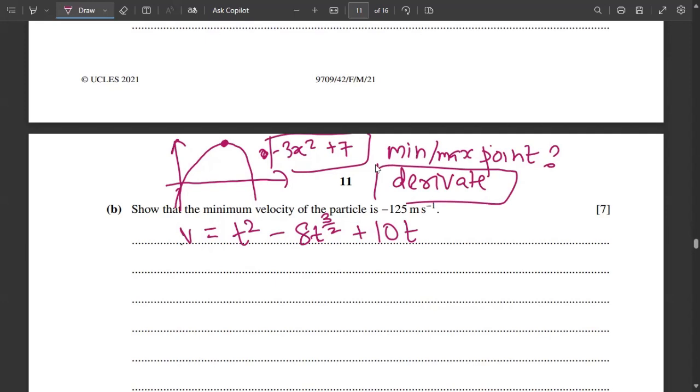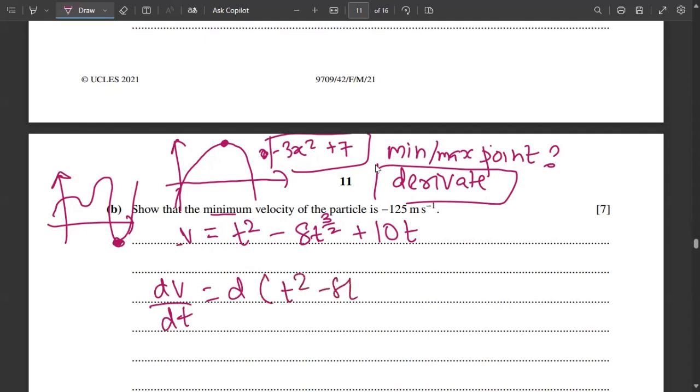So right now we have the velocity time graph. The velocity time graph will also look something like this, for example. And we have to find a minimum velocity, which is this. So we'll differentiate the equation. v equals t squared minus 8t raised to 3 by 2 plus 10t.